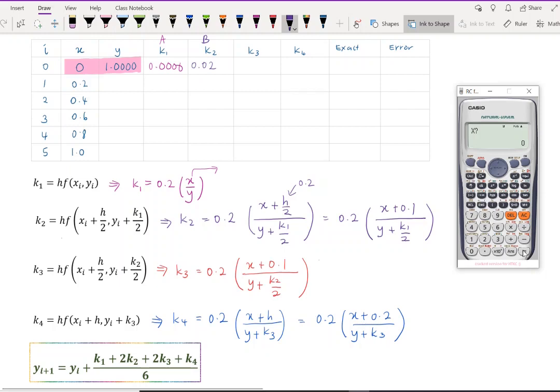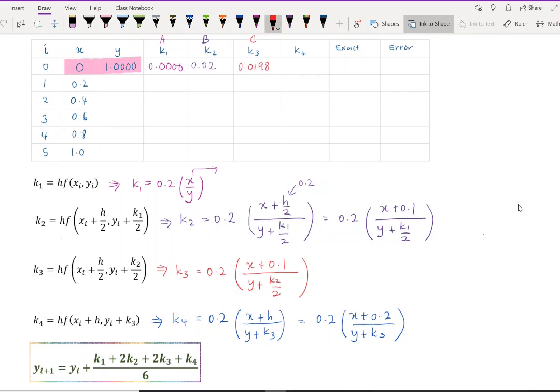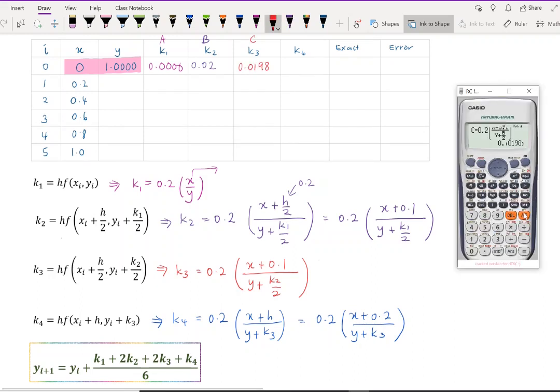We already have our B value, 0.02. So just click equals. Now we have the value of K3, or C, is 0.0198.